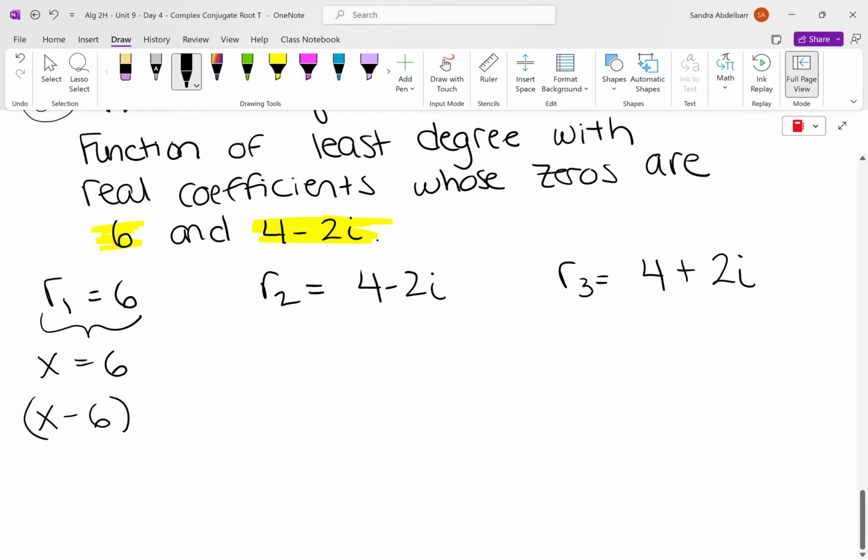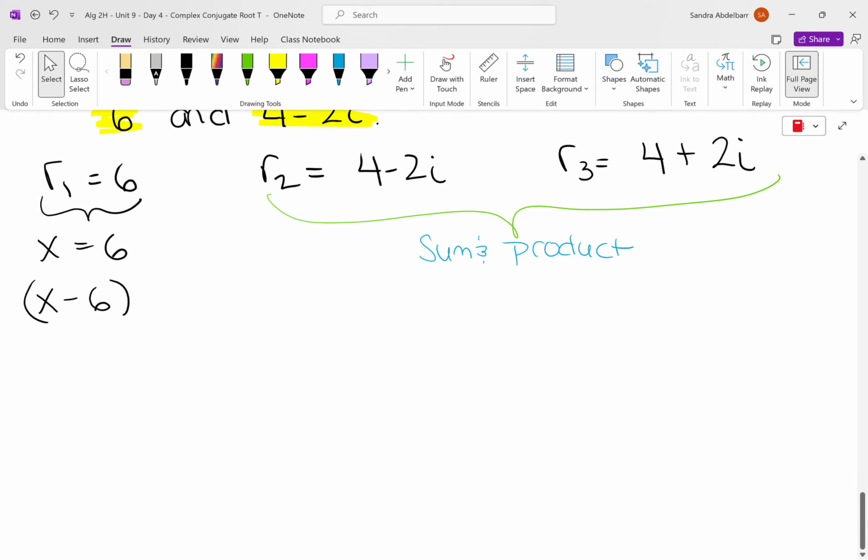So what's the factor that gave me x equals 6? x minus 6. Now, I need the factor that gave me the roots 2 and 3. And I know it's the same factor that gave me those two roots because they're conjugates, right? They have to do the plus or minus. So in order to find the factor that gave me root 2 and 3, I'm going to use sum and product.